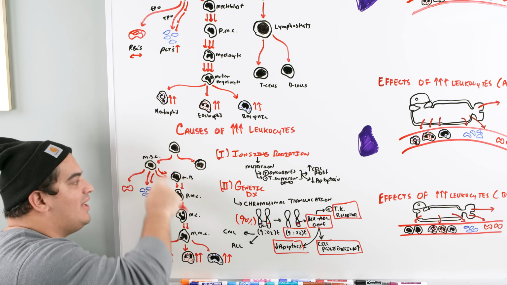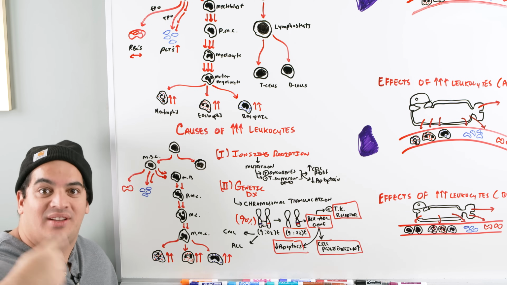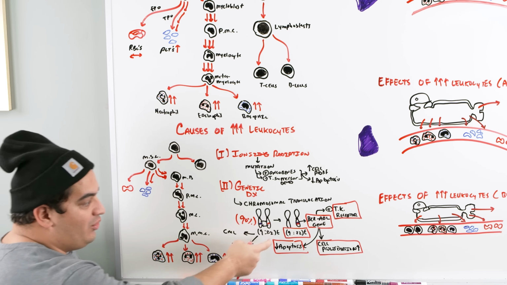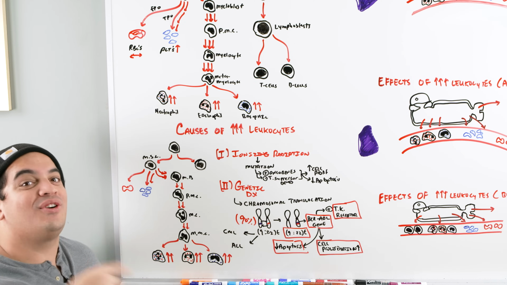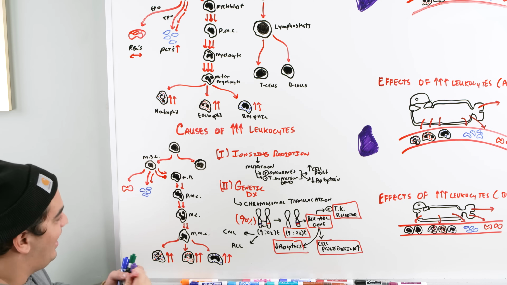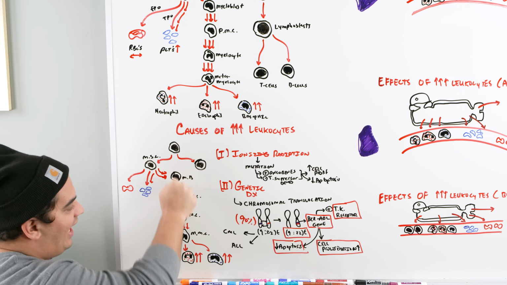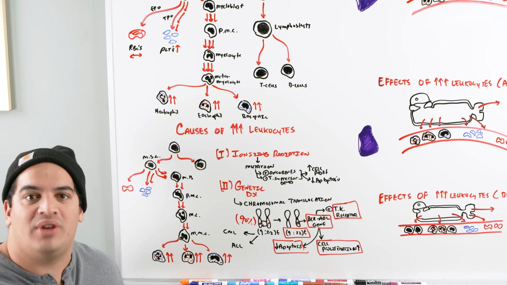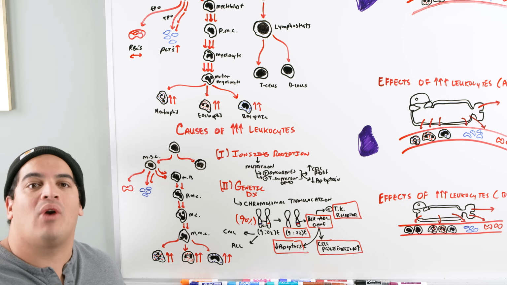But this only lasts for a certain amount of time, and as you continue to keep proliferating, and this is what's weird, in the beginning it's due to the 9;22. Over time, as you continue to keep replicating, with every replication cycle comes more mutations. With more mutations comes more abnormalities.